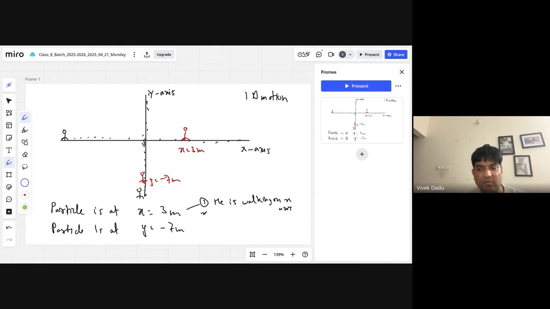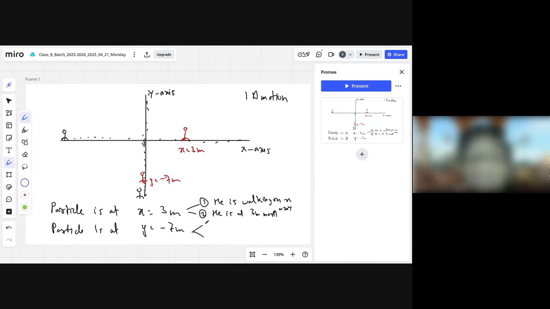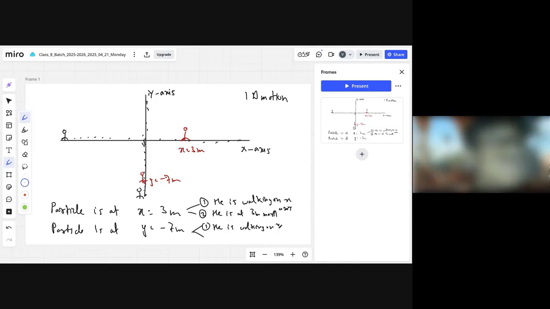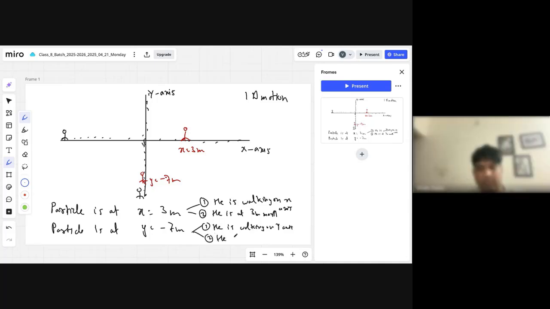And second, he is at 3 meter mark here. Similarly, he is walking on Y-axis and he is at -7 meter mark.